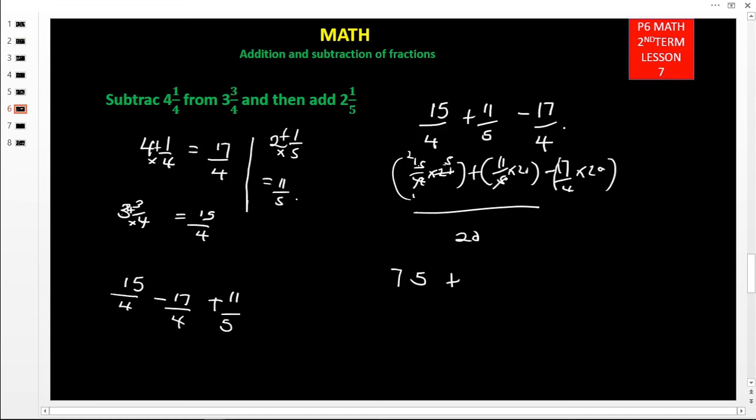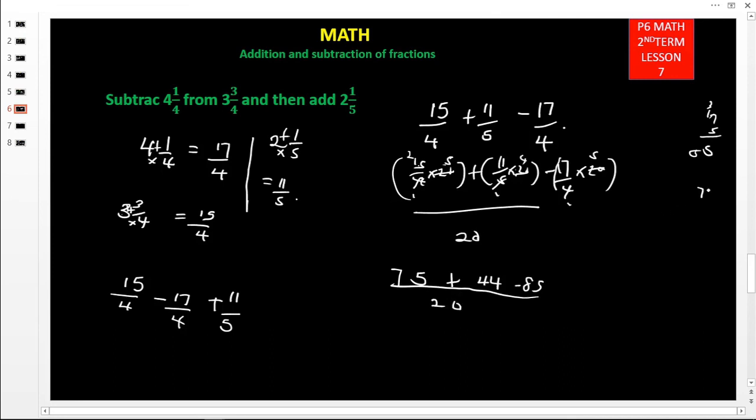Then plus 5 times 11, that is 55, 55. Then 4 by 4 once, we get 5. So 17 times 5, this is 85, all over our LCM, which is 20.